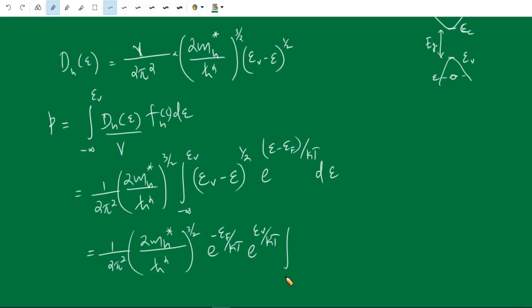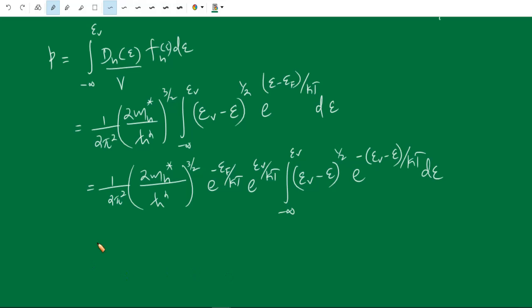Integral from minus infinity to Ev, (Ev minus E) whole raised to half, e raised to minus of (Ev minus E) divided by kT into dE.